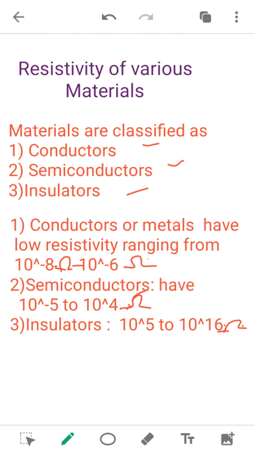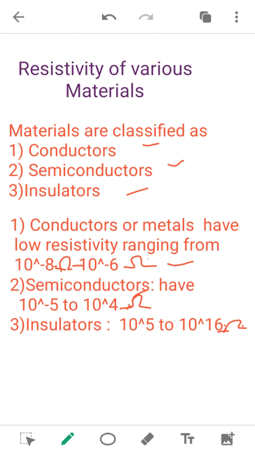So conductors or metals have low resistivity. That is, opposition to the flow of current is very less. The range is 10 raised to minus 8 to 10 raised to minus 6 ohm meter. It is very small.